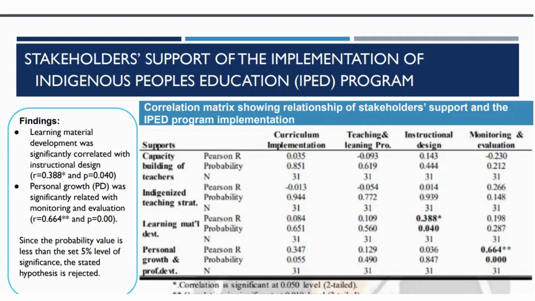And since the probability value is less than the set 5% level of significance, the stated hypothesis is rejected. So the results imply that the stakeholder support on learning material development and personal growth and professional development of teachers enhances the instructional design and monitoring and evaluation of the Indigenous Peoples Education Program.